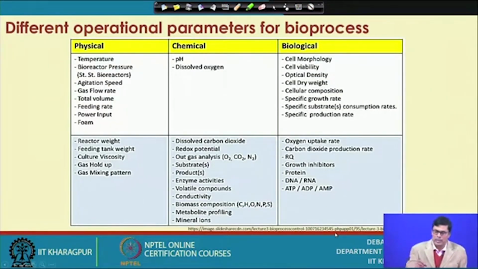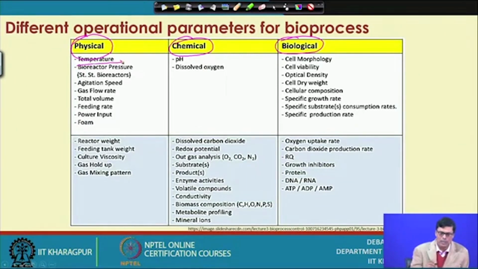Now, let us see what the different operational parameters are in the bioprocess. We can divide them into three different categories: one is called physical parameters, another chemical parameters, and another biological parameters. Am I right? Now, what do physical parameters mean?